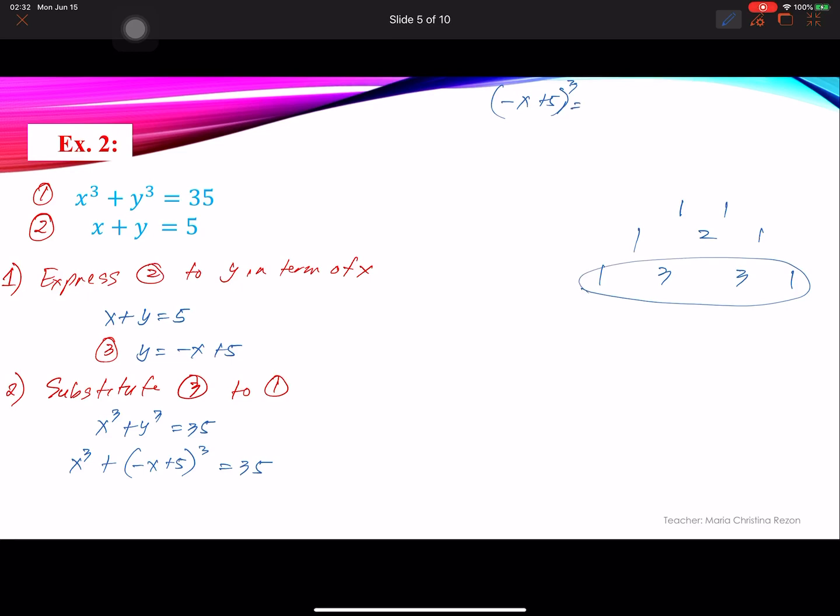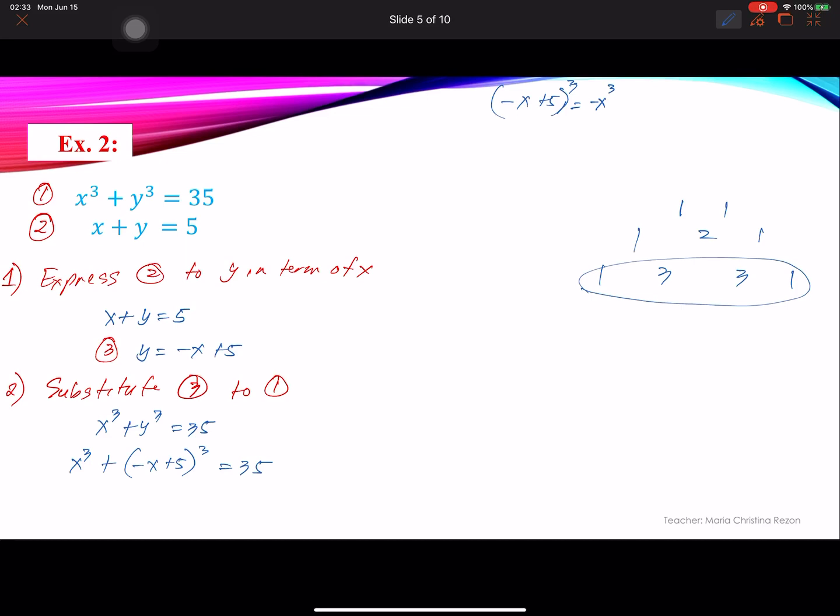So that would be equal to, the first term is negative x cubed, and the first term's exponent is descending, while the second term's exponent is ascending.